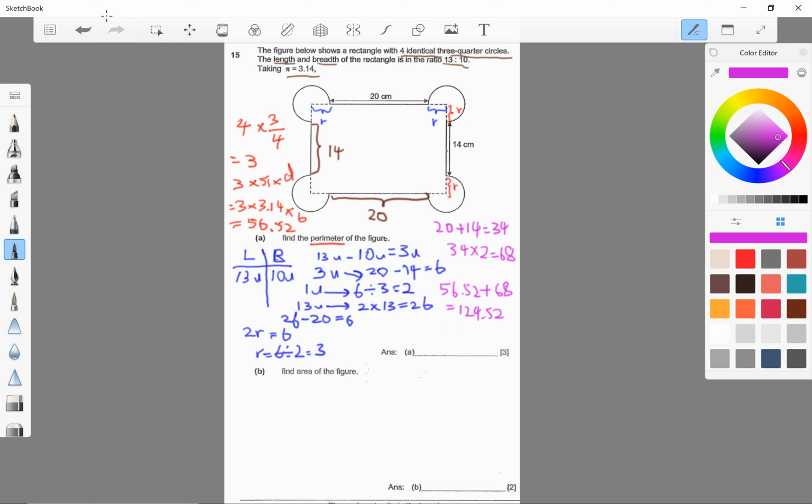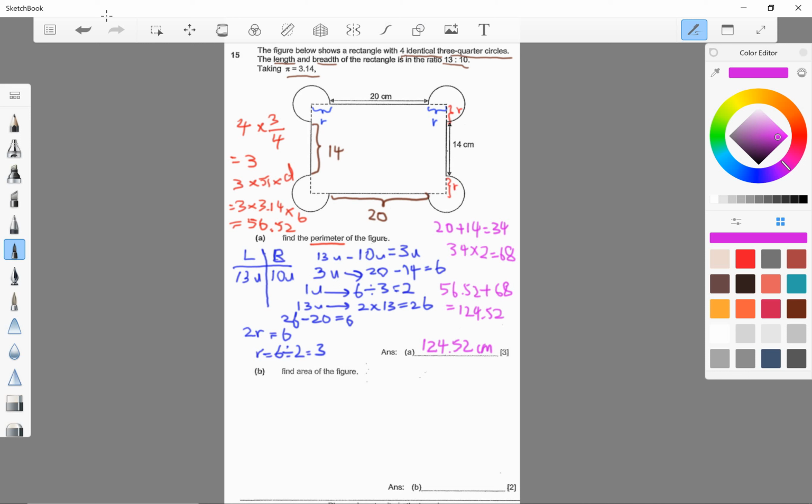And you will be wondering, what is the unit? The unit that we have to write down into the answer blank has got to be centimeters. So I have completed part A, which is to find the perimeter.